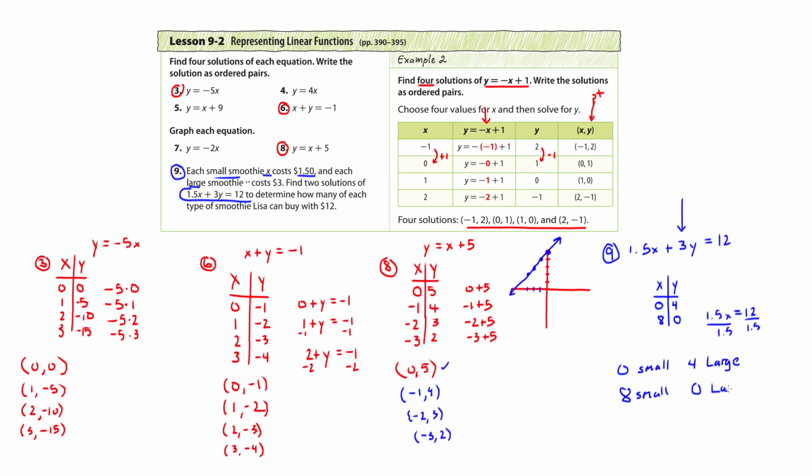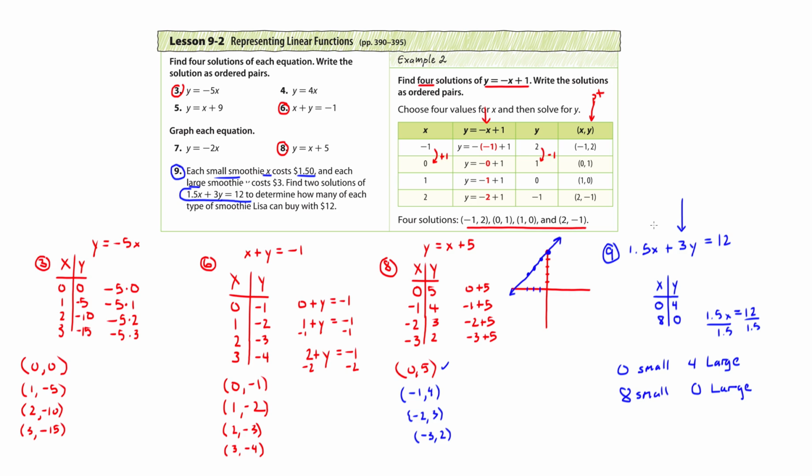There are some other solutions, but on this particular situation, since the number of small and the number of large has to be positive whole numbers, a lot of the points on the line are eliminated. Like I can't make x to be 1, because if I make x 1, you're going to have a fractional number of larges, and that's not a reasonable thing.